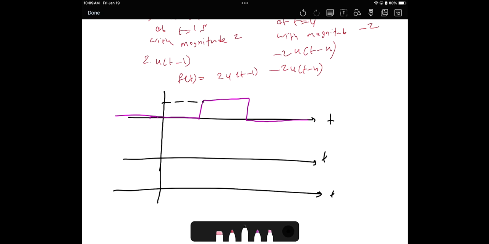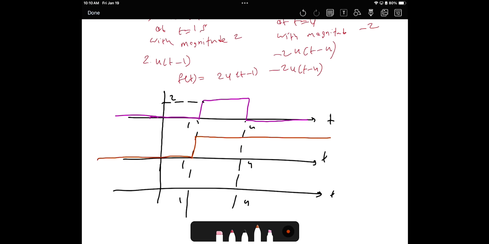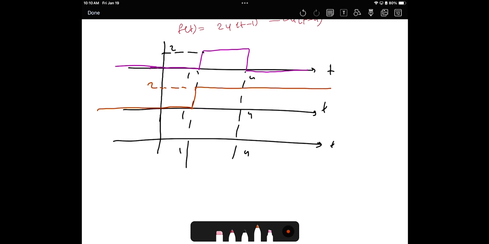And here's 2, here's 1, here's 4. So the first thing I need to make is the one activated at 1, like this, with magnitude 2, while the other one is activated at 4, with magnitude -2.